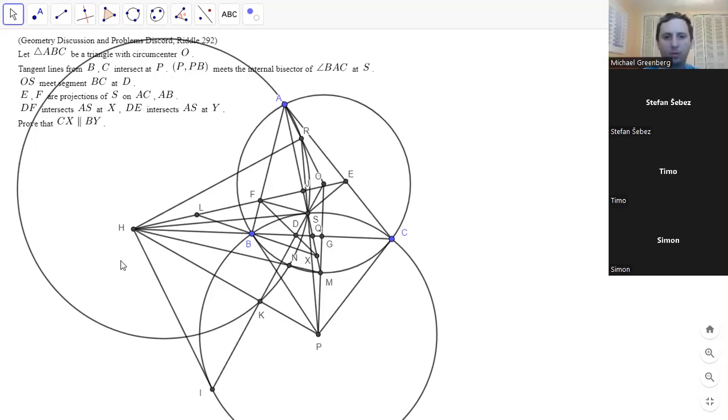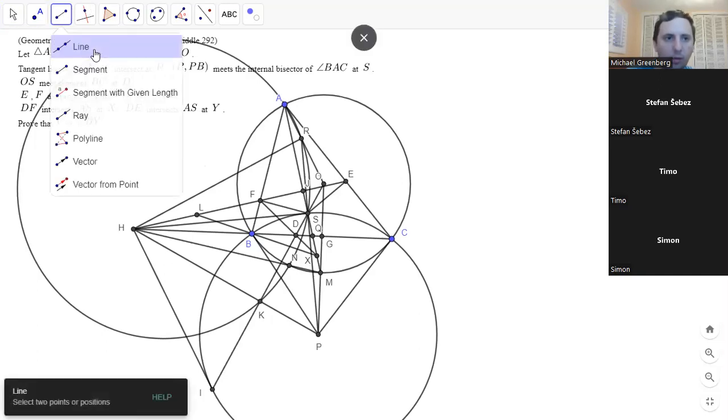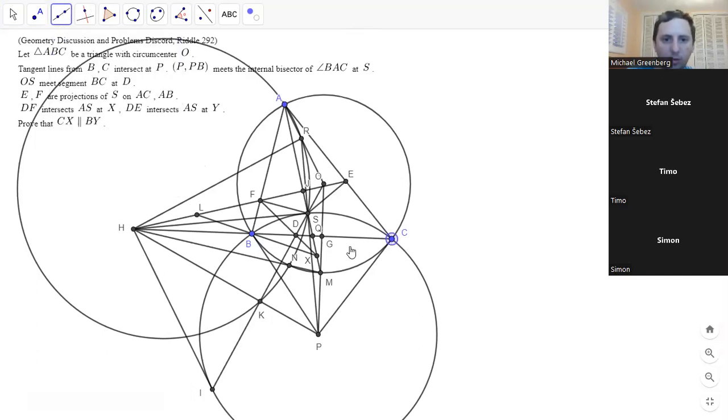I think now we could project HBDC from F to XC. Oh, HBDC through F to XC. Okay. Then we want to show that AF... wait. Then we intersect AB and CX and hopefully get something useful.